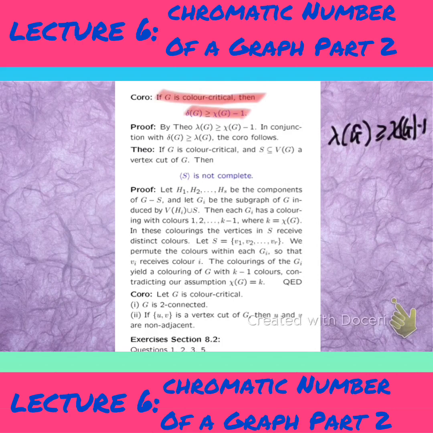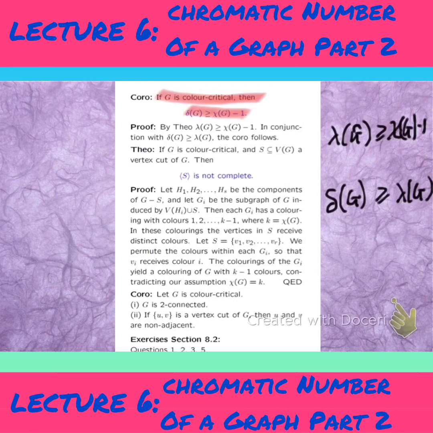the edge connectivity of G is obviously at most the minimum degree. Okay, because I can delete the edges incident with a minimum degree vertex, and that's going to give me a disconnected graph.